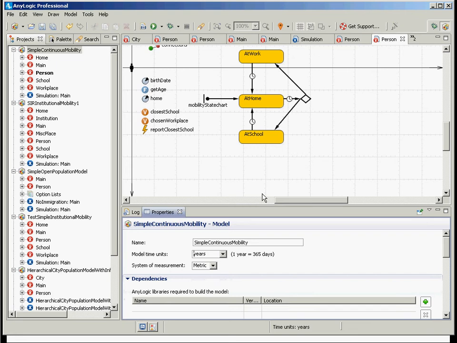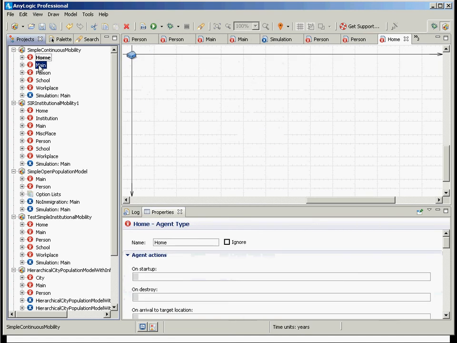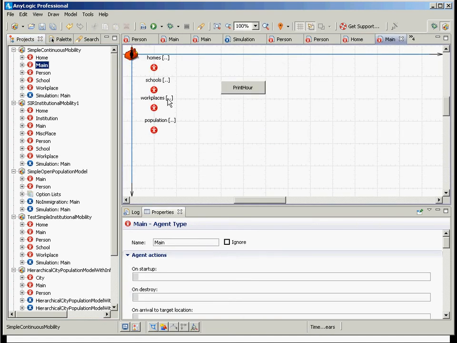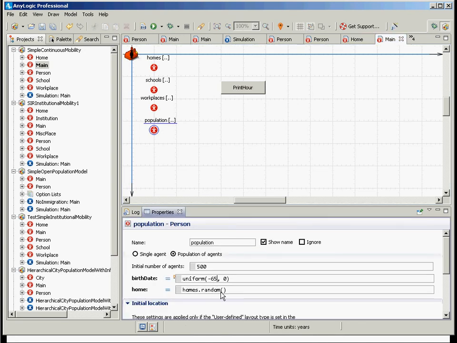Right. So that minus 65 to 0, really that. Nice point. I really like this. If we were to go back, not to home, to main, and we were to go look at the initialization for this, really this should be minus 65 times year.